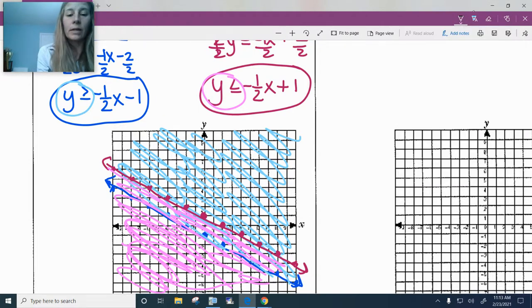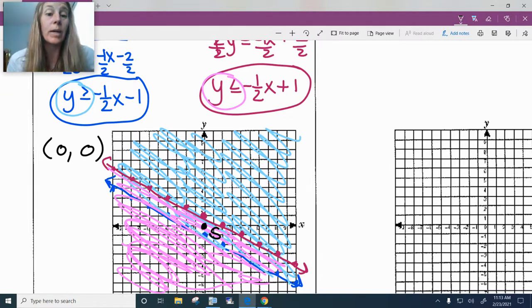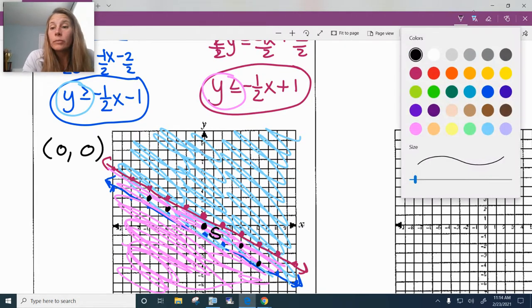So when we go to identify a point from our solution set, it's got to be somewhere in here. Now the origin is in there, so that's probably going to be your easiest point to pick and check. But any other point in there would be fine. So any other point in this double shaded section, even points on the line itself, because both lines were solid, those would also be legitimate.